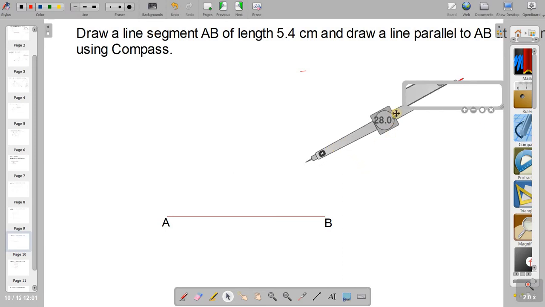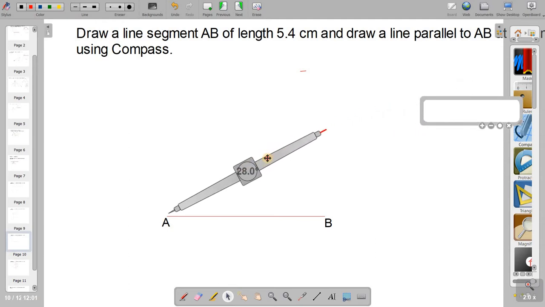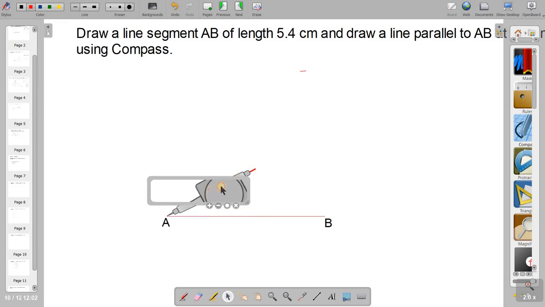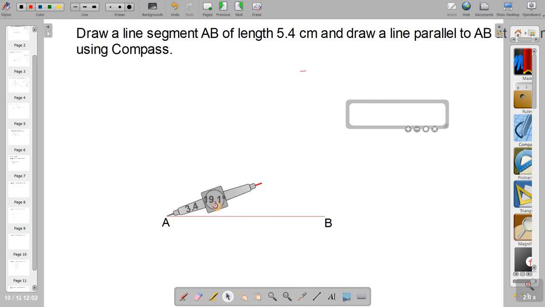First, I just have to set the distance. No, setting distance is not required here. We just have to keep the compass here at A, and I will take a little distance, more than half. As you can see here, it is exactly at the tip A. I can rotate it and see it is more than half.